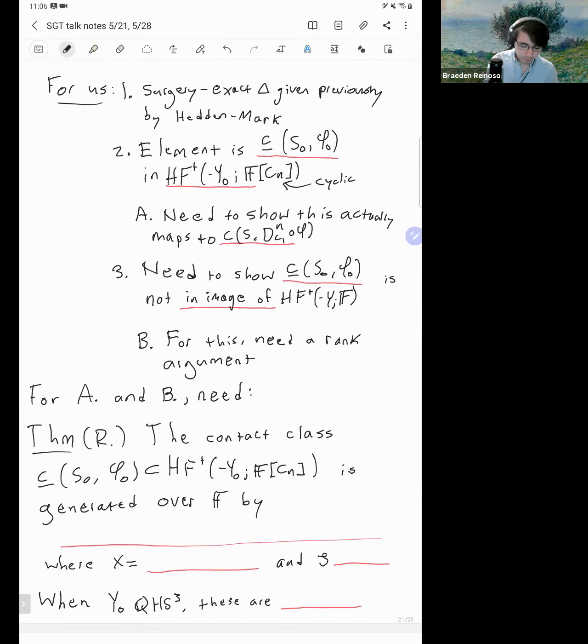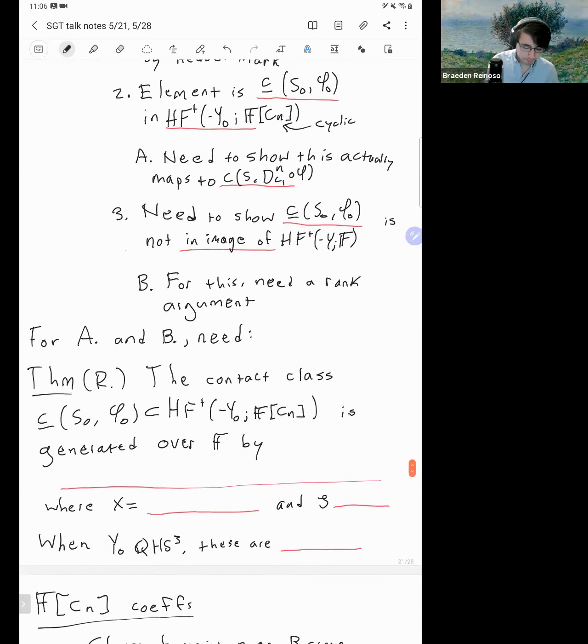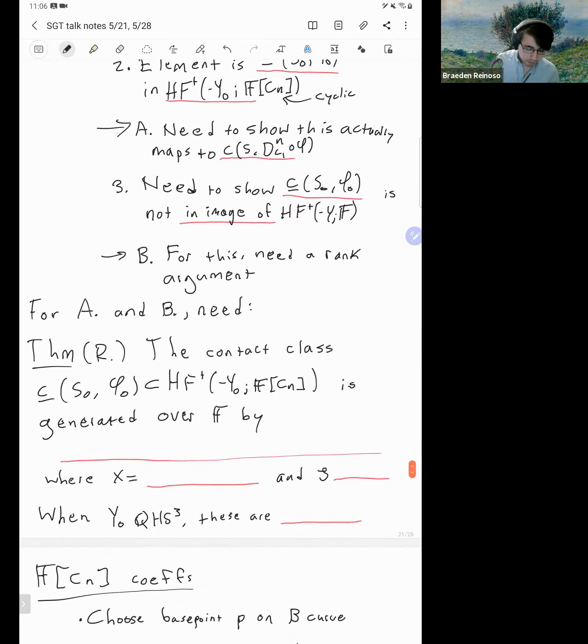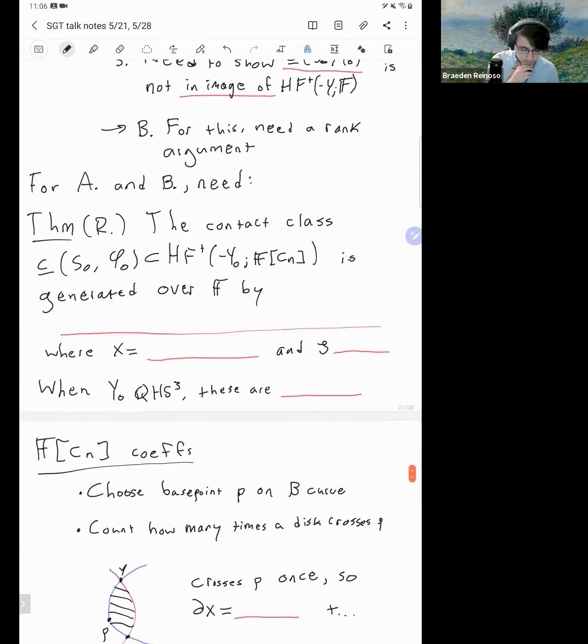And so if we want to show that that's not in the image, well, we're going to need a rank argument. So in particular, for both this guy and this guy, the following theorem is important. So what's the theorem?